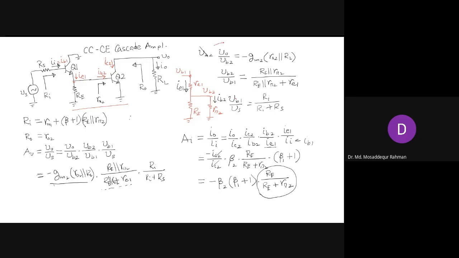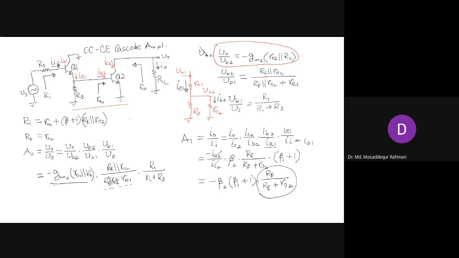So that is our gain of the common emitter, V0 by VB2, from base to collector. We have gm, the transconductance, that will depend on the collector current IC. So you can have a high value and decide how much gm you want for your amplifier. That is multiplied by this parallel combination of RO2 and RL.